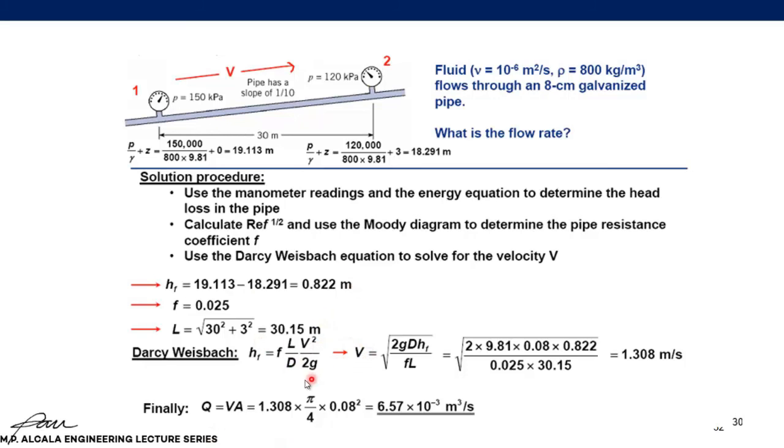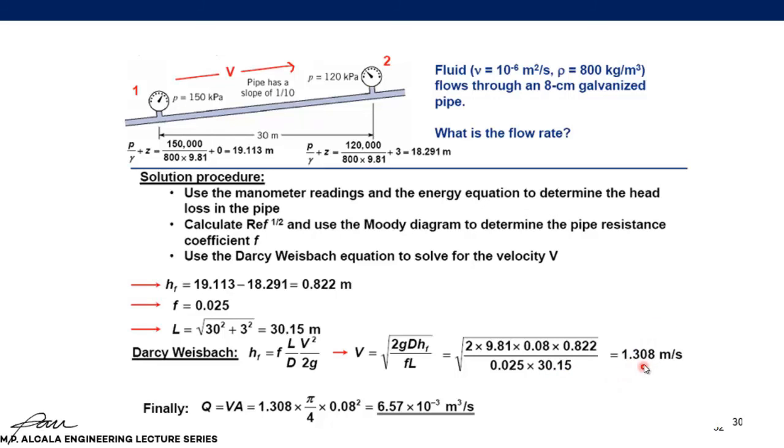You can easily substitute everything and solve for V. So, V is simply the square root of 2 times 9.81. Take note class, this is also the Darcy-Weisbach equation. Times 0.08 times 0.822. So this is your head loss, this is your diameter, this is your acceleration due to gravity, this is your constant 2, divided by your friction factor 0.025 multiplied by the total length. Okay, this will give you a velocity of 1.308.